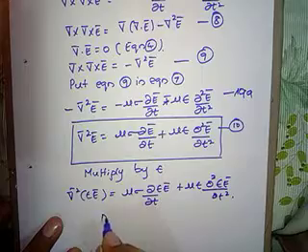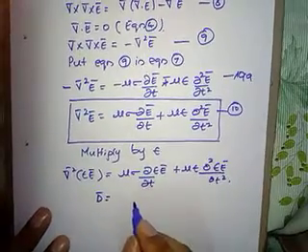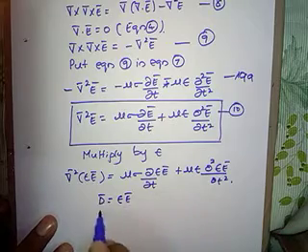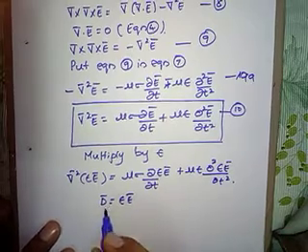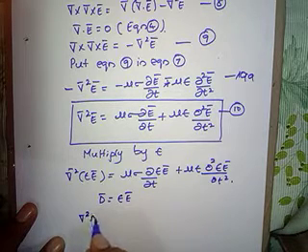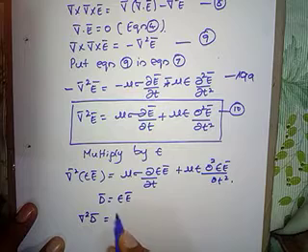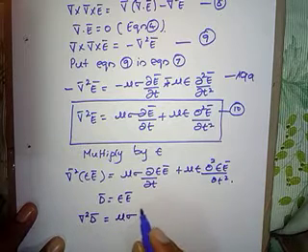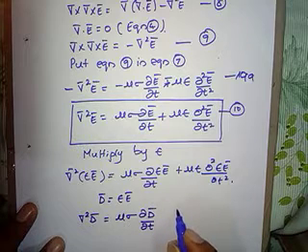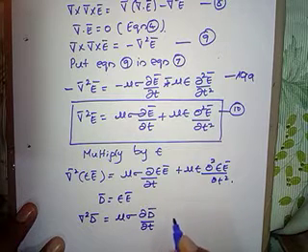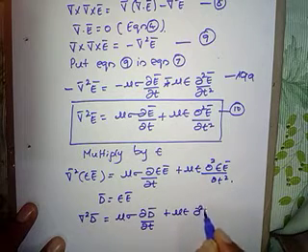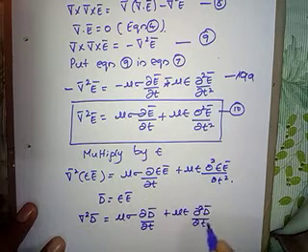Now what is D bar? D bar is equal to epsilon E bar, correct? So substitute D bar equal to epsilon E bar in the above equation. If you substitute this, del square D bar is equal to mu sigma dou D bar by dou t plus mu epsilon dou square D bar by dou t square.